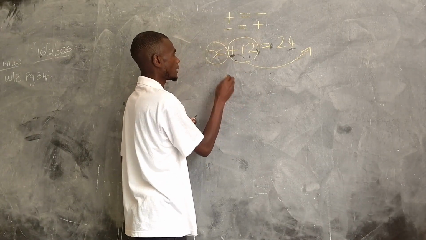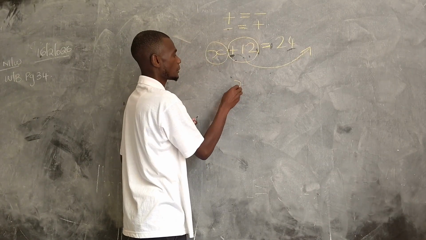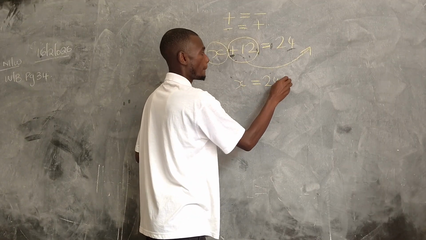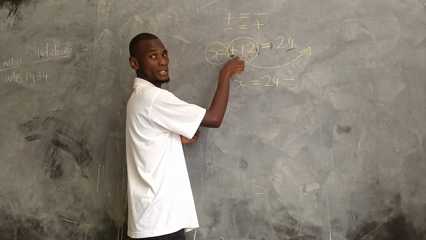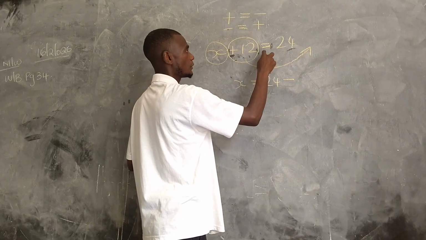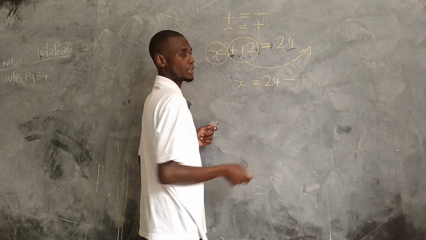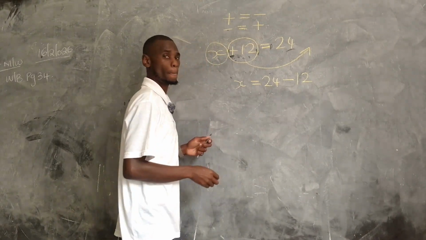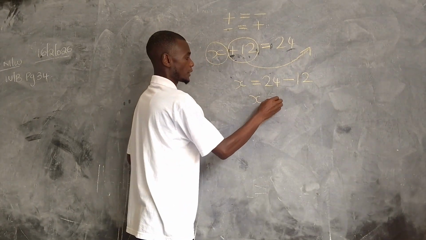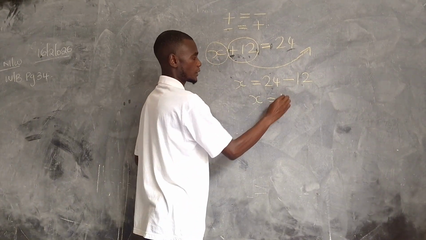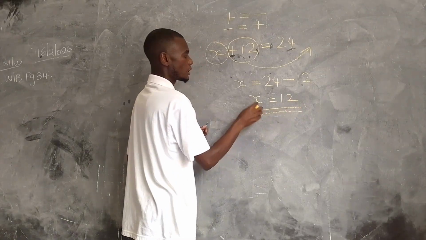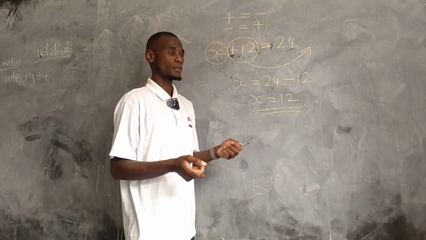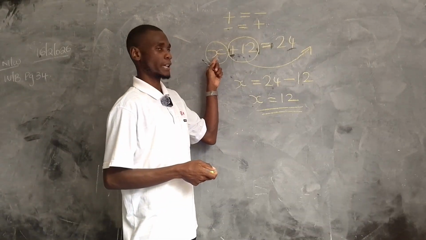This side will remain with x is equal to 24 minus 12, because positive 12 crossing the equal sign becomes minus 12. So x is equal to 24 minus 12, which is 12. That means the value of x is 12. Now you have solved the value of x.